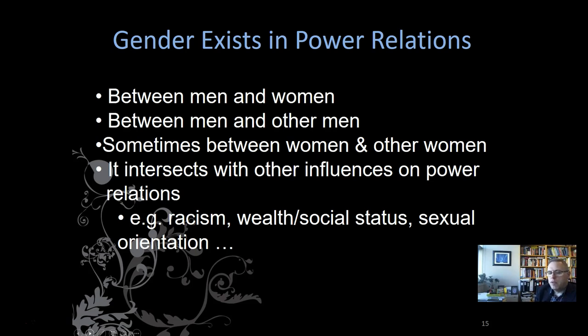So, for example, where in patriarchal society, men may hold greater status than women in some contexts, some women who have advantages of wealth and not being racialized and being heterosexual, they might be assigned greater status than a woman who is a woman of color who's been racialized, or somebody who's poor or poorly educated.